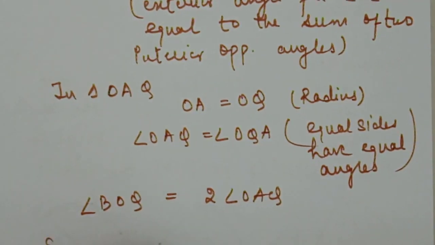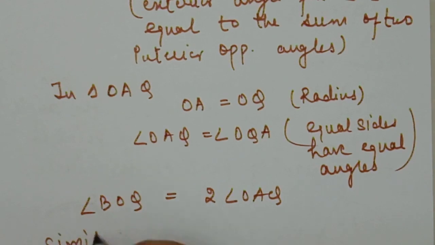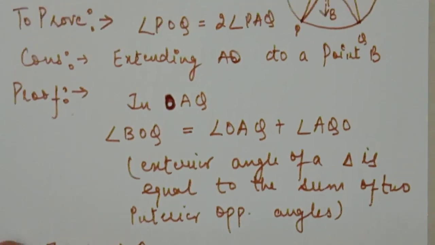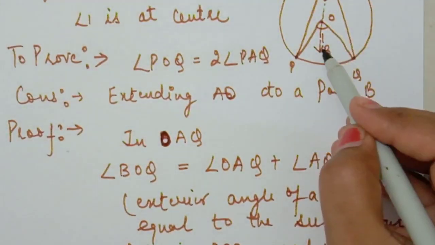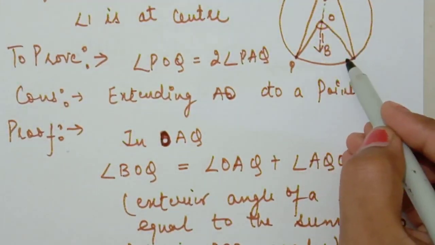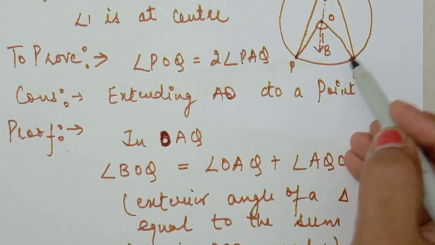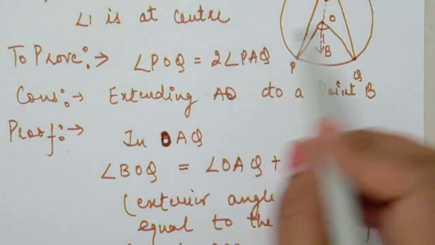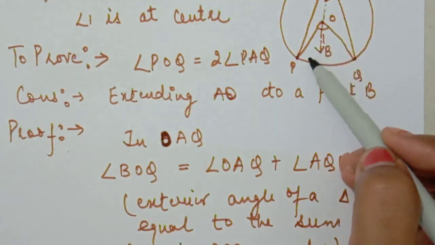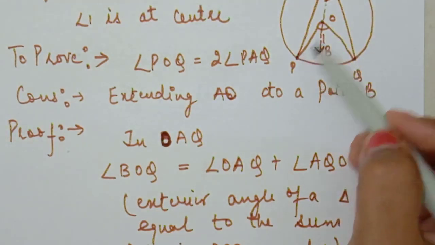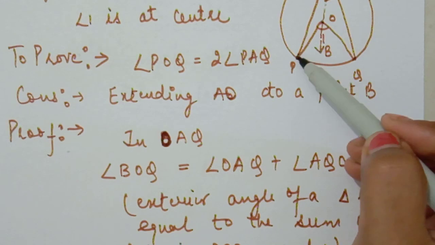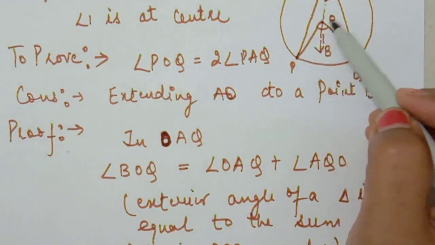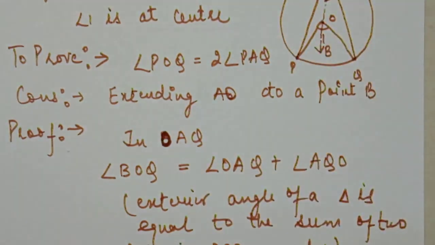Similarly, on the other side of the diagram, because I proved that only BOQ, this angle, is double of the angle OAQ, because we want this angle only, similarly we can prove that this angle BOP is double of angle OAP. So there is no need to prove again and again.